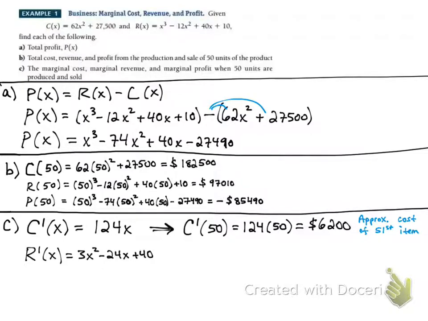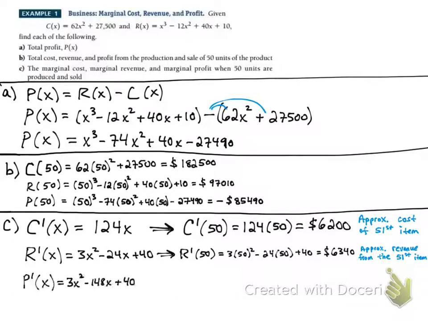Now we find the derivative of the revenue function, and let's plug in x equals 50, and we get 6,340, which represents the approximate revenue from the 51st item. Now let's find the derivative of the profit function, and then we plug into that function x equals 50, which gives us $140, so that's the approximate profit from the 51st item.